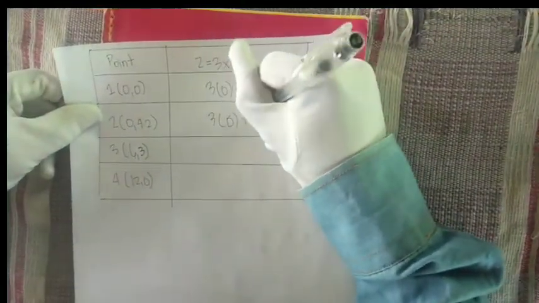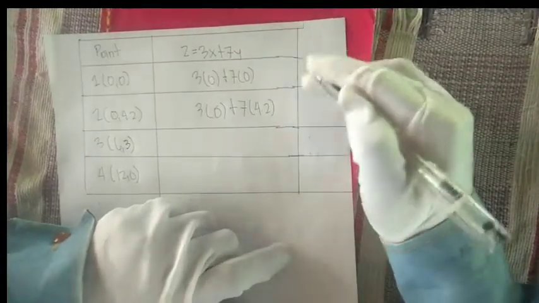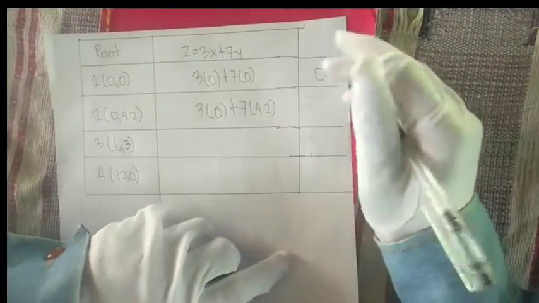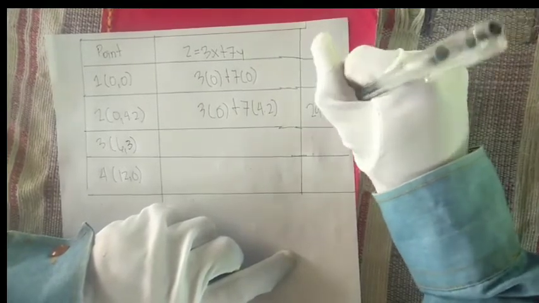And then the second one is 3 times 0 plus 7 times 4.2. So 3 times 0 is 0 plus 7 times 4.2 is 29.4.